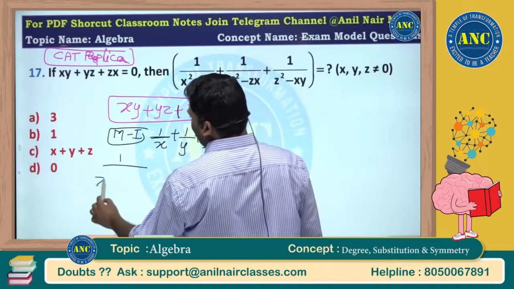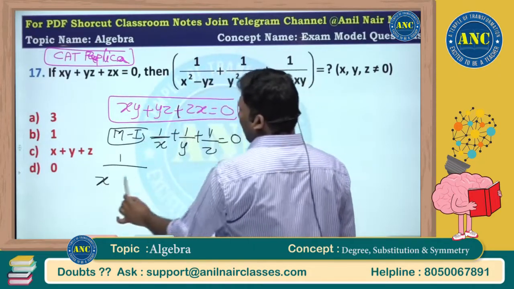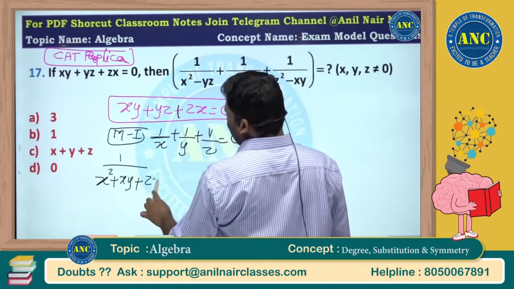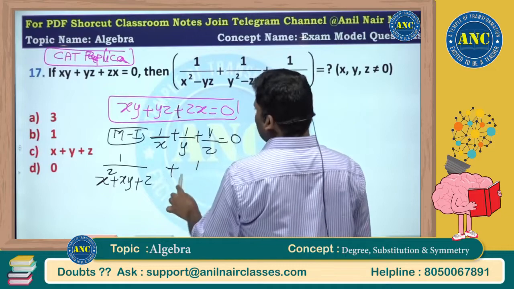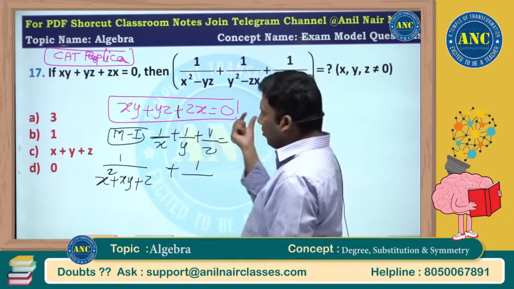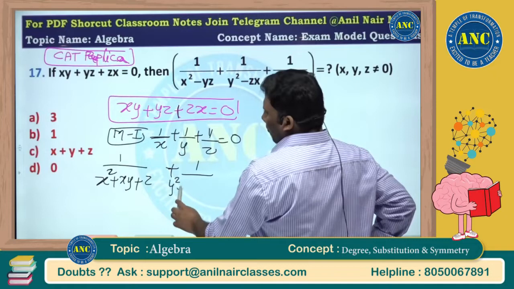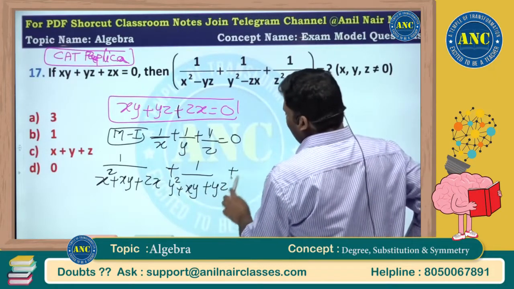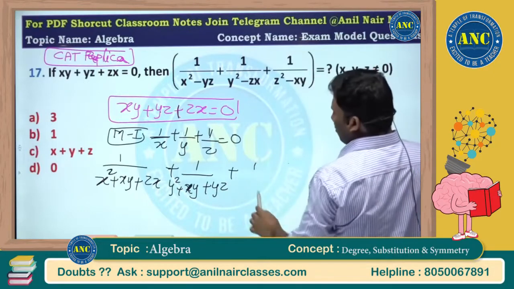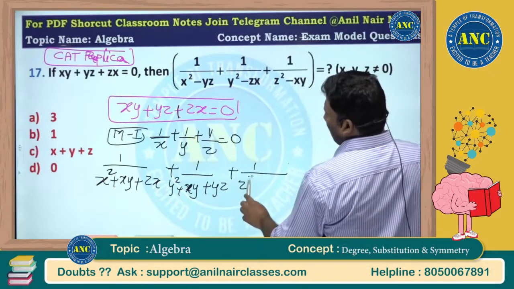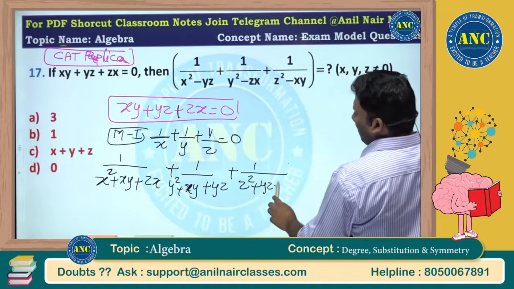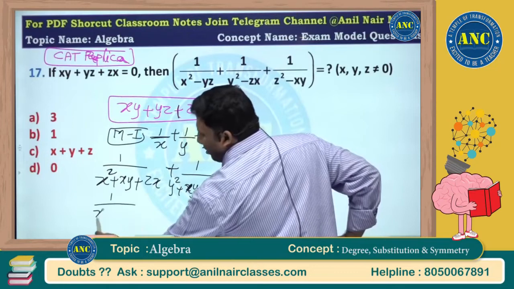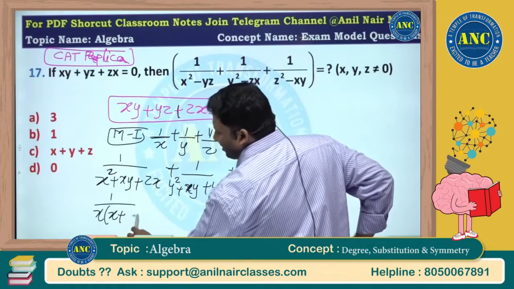1 by x square. Wherever yz, if it goes to the right hand side, this will become xy plus zx. Wherever y square, if zx goes to the right side, 1 by y square plus xy plus yz. Wherever xy, if it goes to the right hand side, this will be z square plus yz plus zx. If you observe closely, if I take x common, this is x plus y plus z.